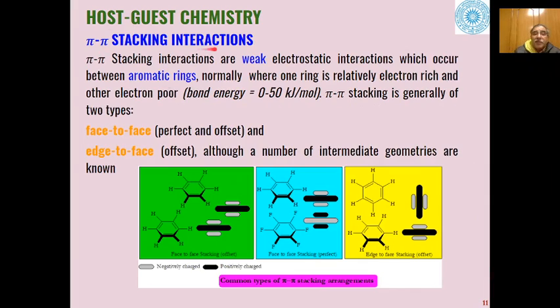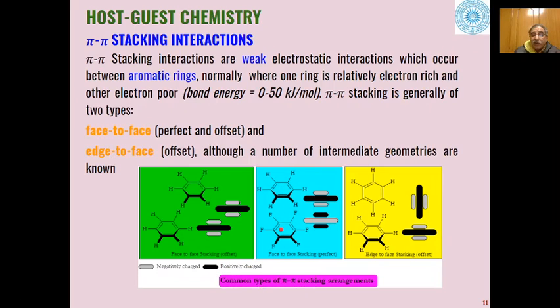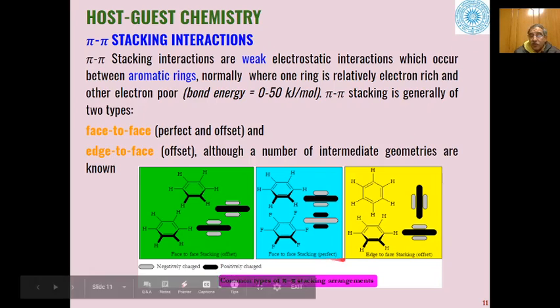Then there is pi-pi stacking interactions. They are weak electrostatic interactions which occur between aromatic rings, and these pi-pi stackings may be face-to-face stacking, which is offset, or perfect face-to-face stacking, where one aromatic ring completely occupies the other aromatic ring, or it may be edge-to-face stacking.